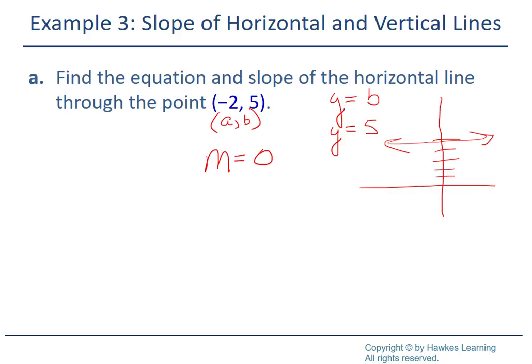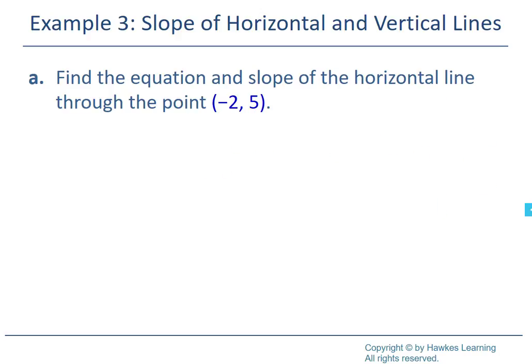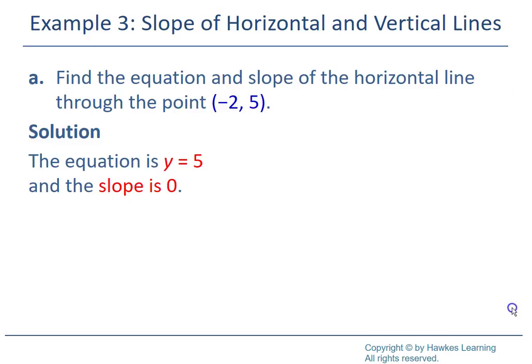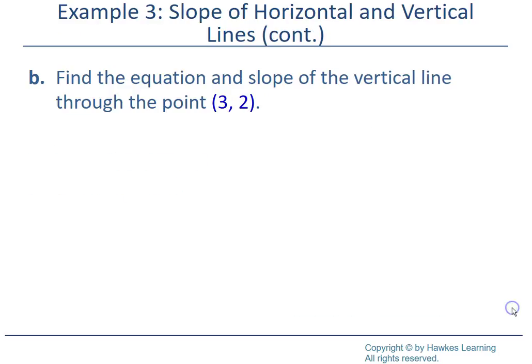And in addition to taking notes, later you want to study these notes, so you get some mastery of this here. And there's an equation there. Okay, find the equation and the slope of a vertical line now. Well, again, this is a comma b, and the equation of a vertical line is x equals a.